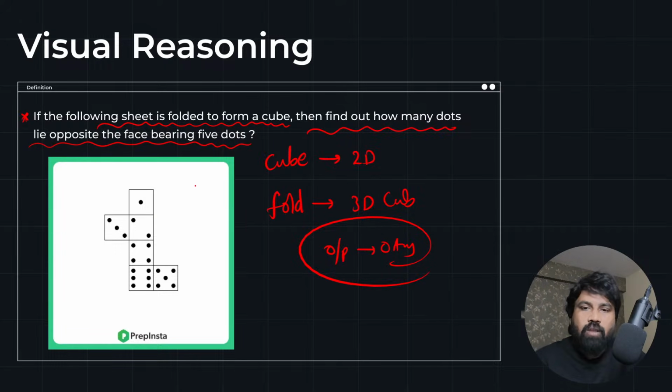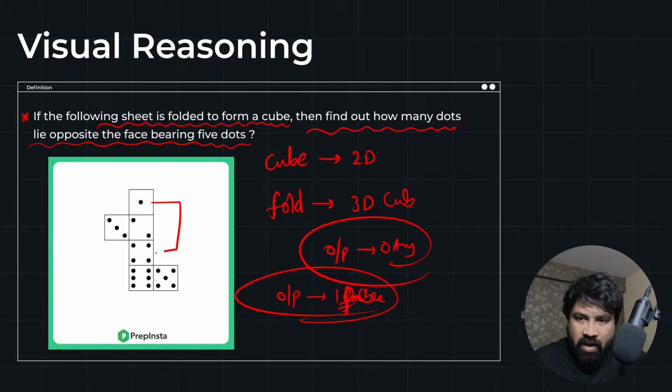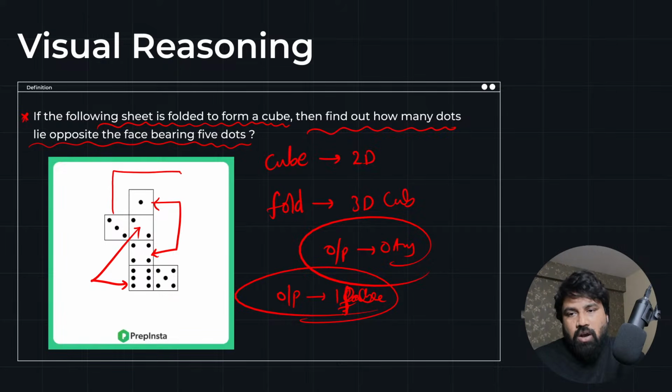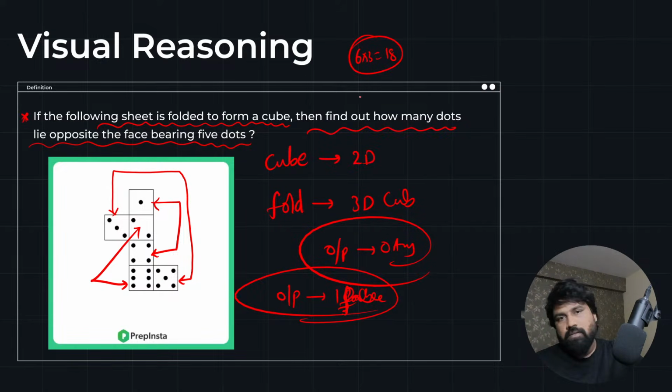Guys, remember, opposite faces will have one face gap. So I can say 1 and 4 are opposite faces when you fold, and 2 and 6 will be opposite, and also 3 and 5 are opposite faces. Remember always, there are 6 into 3, I think 18 different types of folds and unfolds. So you need to know how many opposite faces.